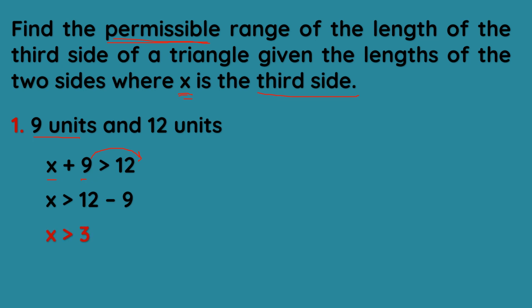The second one is to have x plus 12 is greater than 9. We transfer 12 to the right, it becomes negative 12. Then 9 minus 12 is negative 3. So x must be greater than negative 3. However, since there is no negative length, we do not anymore consider this negative 3. We just need to consider this positive 3.